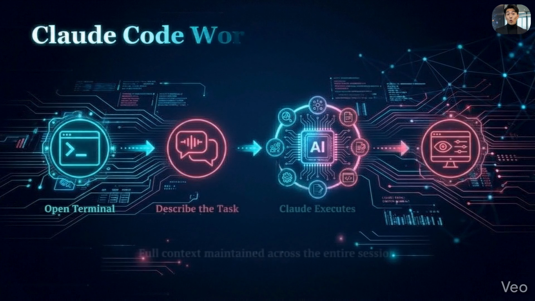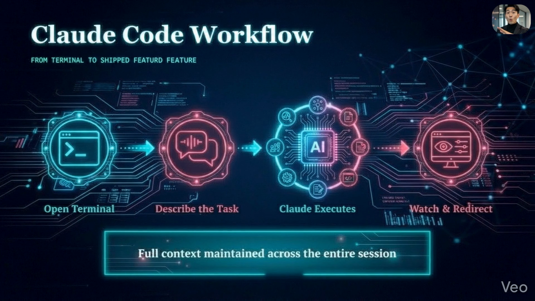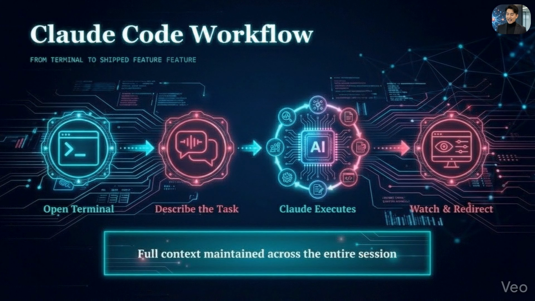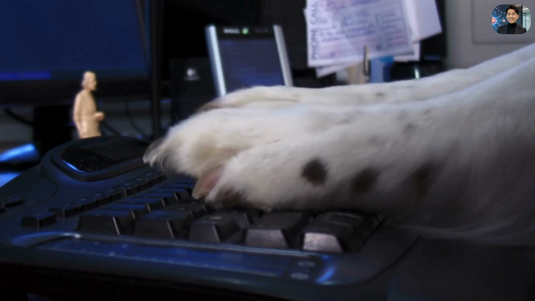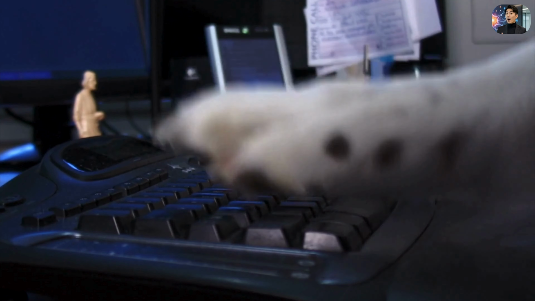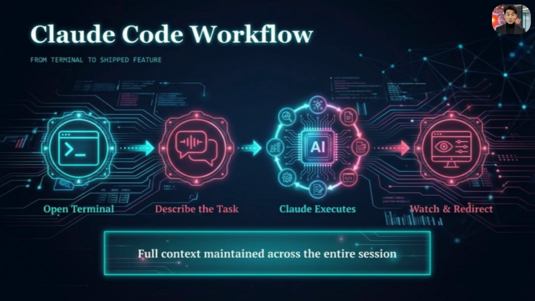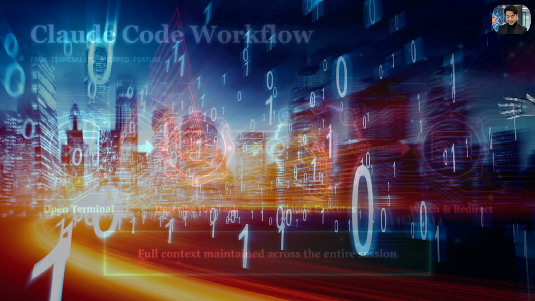Now let me walk you through the practical workflow. You open your terminal, navigate to your project directory, and launch Claude Code. You can then give it natural language instructions. Something like, add a user authentication system with email verification to this Express app. Claude will analyze your existing codebase, plan the implementation, create the necessary files, install required packages, write the code, and test it.